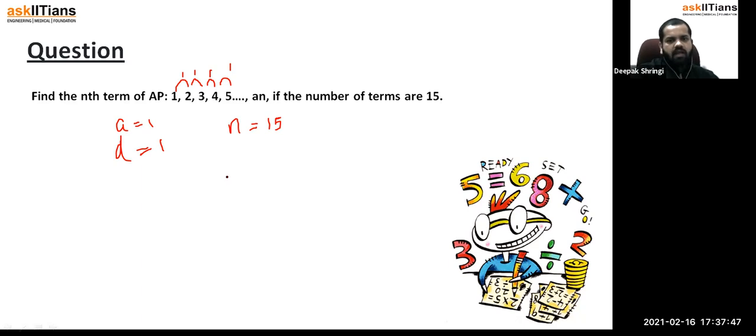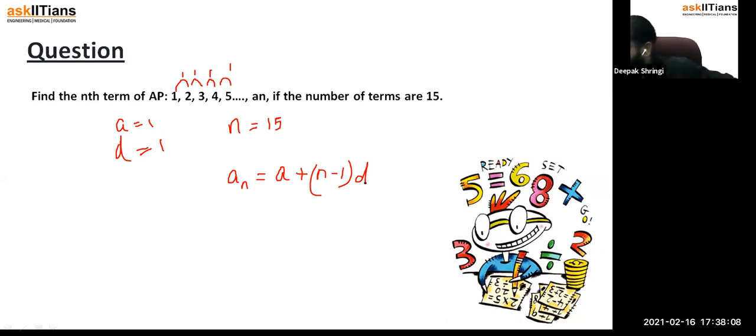The question is just asking to find the nth term. We have already understood that an, the nth term, is equal to A plus n minus 1 multiplied by D.